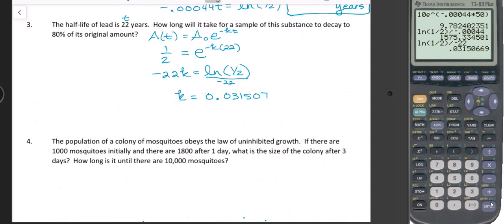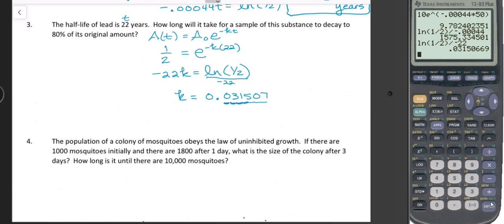So do not round this decay rate too soon, because if I change it to just 0.03, my answer is going to be quite a bit off. My recommendation would be to leave at least 6 decimal places in your rate when you're going to use that rate in another part of the problem, like we are here.